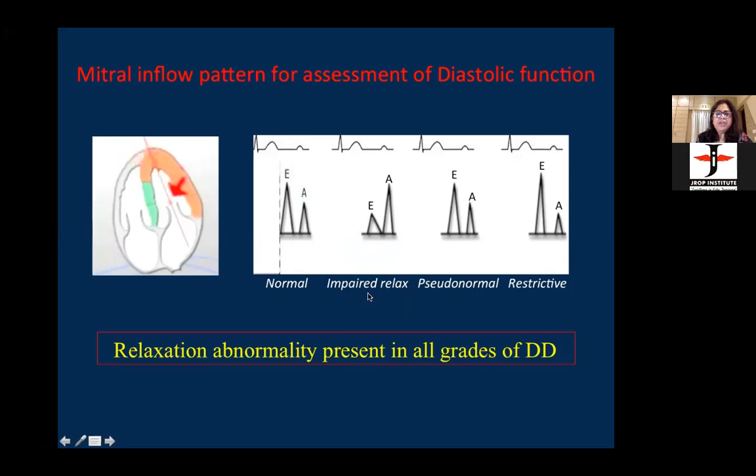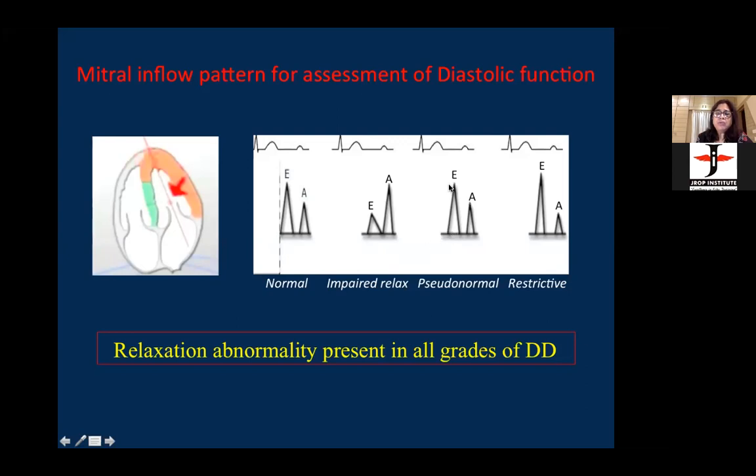Now, what will happen when this pattern advances? The impaired relaxation pattern as it advances, what happens? The left atrial pressure also starts rising. So when there is moderate increase of the left atrial pressure, again this E wave will be taller than the A wave, since the left atrial pressure rises, so the pressure difference again becomes more.